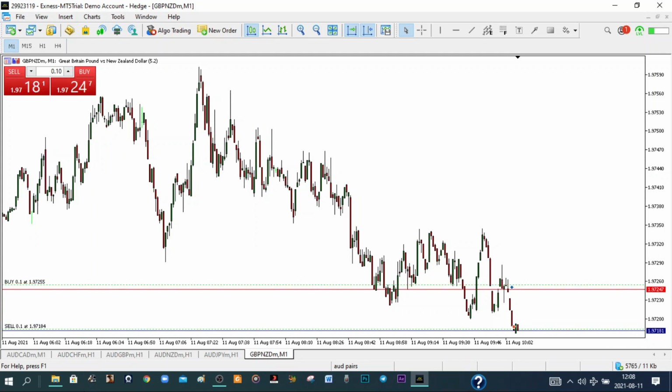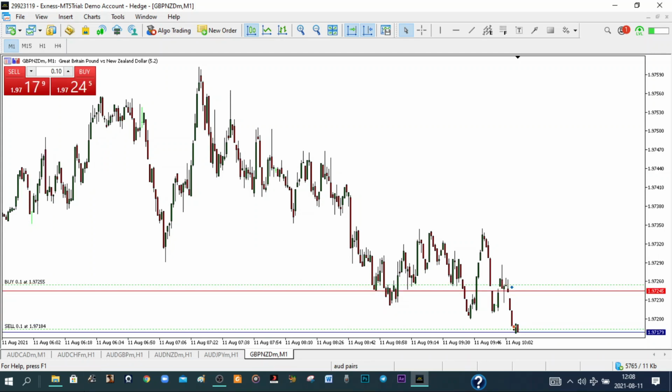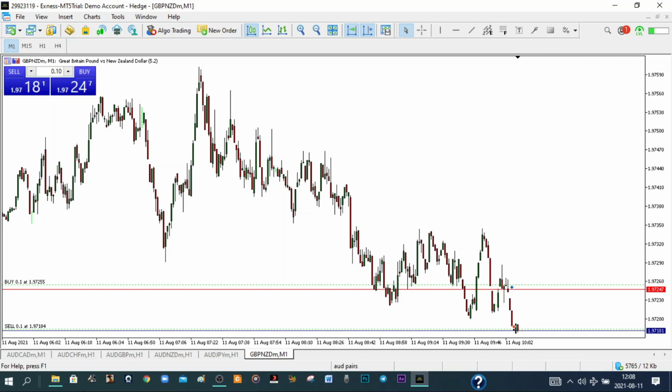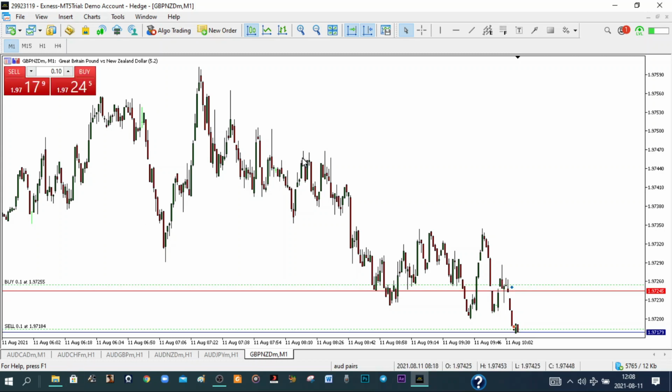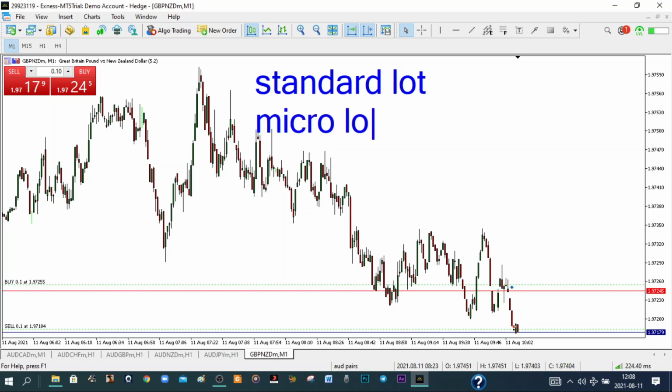All right, I know I have tried to explain that. Now, we have got the two commonly used lot sizes, and the other one is not commonly used, so I will just explain more on the two commonly used, and then I'll just mention the other one. The two commonly used types of lot sizes are a standard lot and a micro lot.